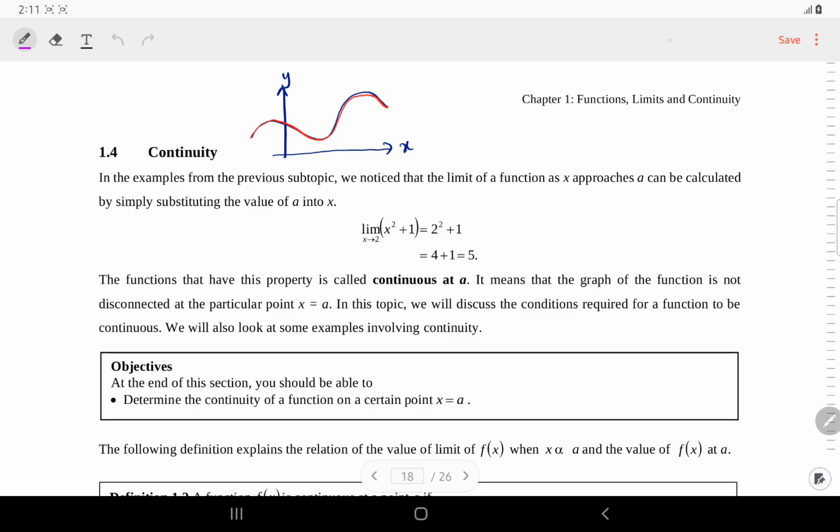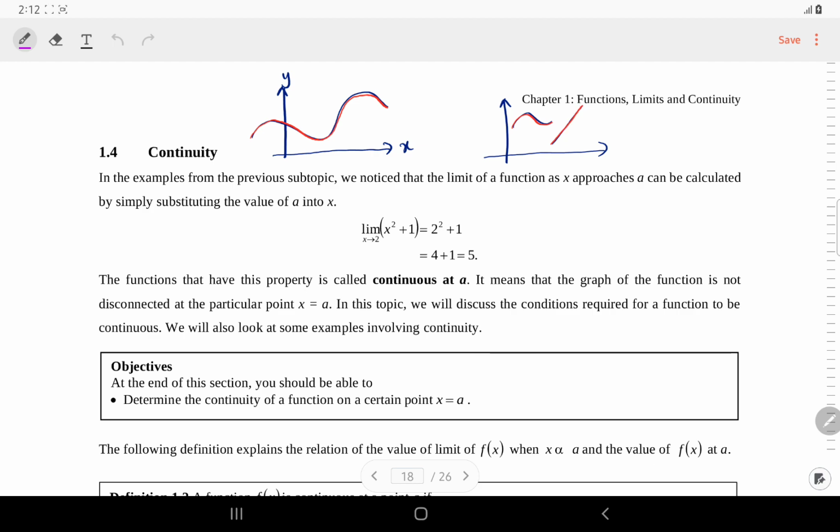The example of a discontinuous graph, or a graph that is not continuous, is like this. When we trace our pencil along this graph, we start from here to here, and then we continue with this line here until the end of the graph.